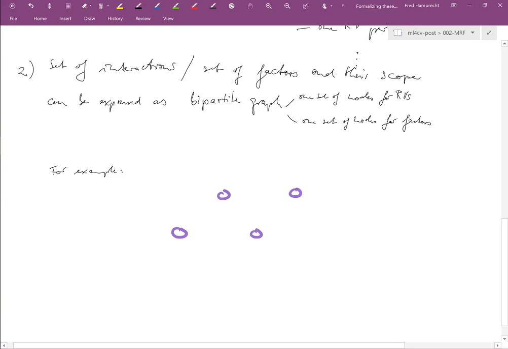Let this be the random variables, and I'm going to label them explicitly. So this is Z1, Z2, Z3, Z4 in an image with 4 pixels. Usually I have 1,000,000 of them.